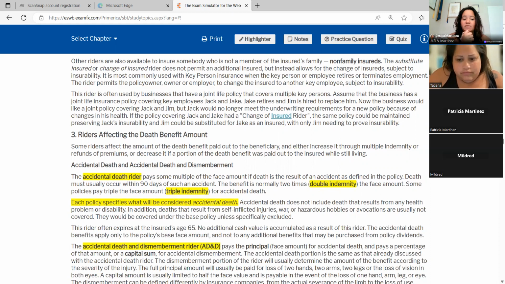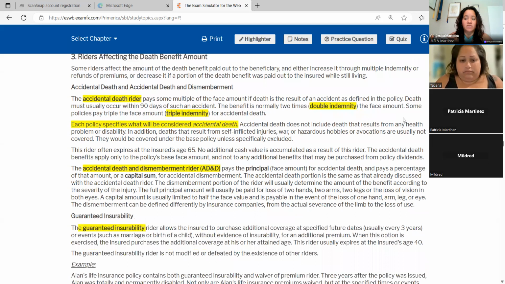So if you have that rider in your policy and you happen to die in a car crash or any other type of accident, then instead of paying the face amount, it can pay double or triple the face amount. Each policy specifies what will be considered accidental death. So you have to watch for that, because you might think you have the accidental death rider, but in these policies you really have to read exactly what it will mean.